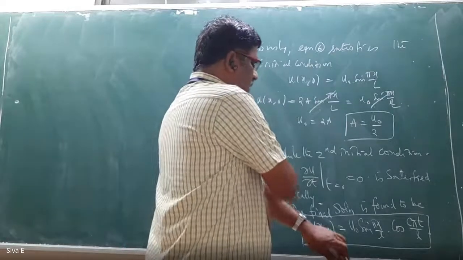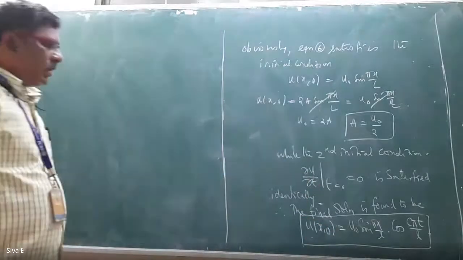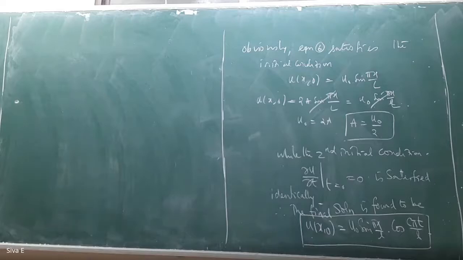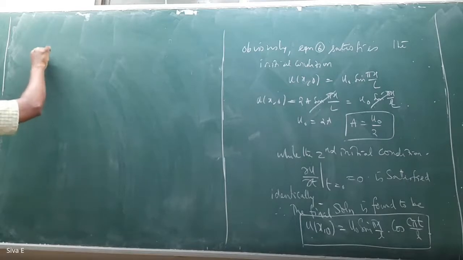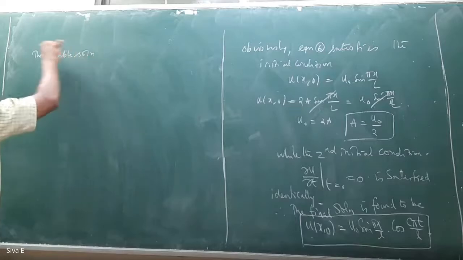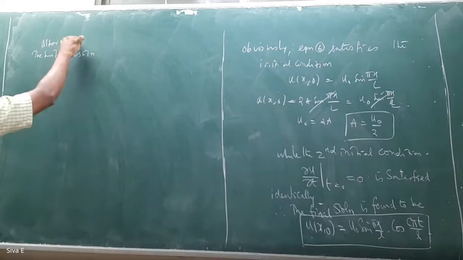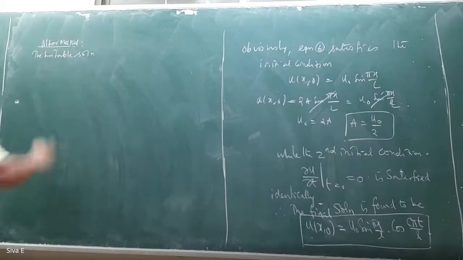Approximate means we are just considering some function as the solution. But it is not the correct one. The correct one is the suitable solution, write down, alternate method.